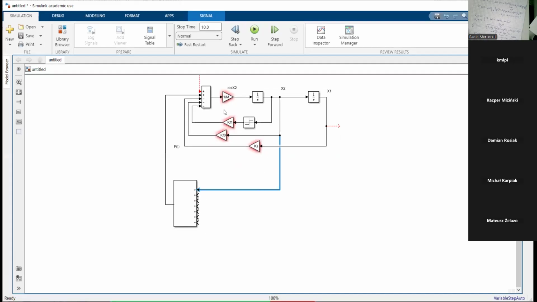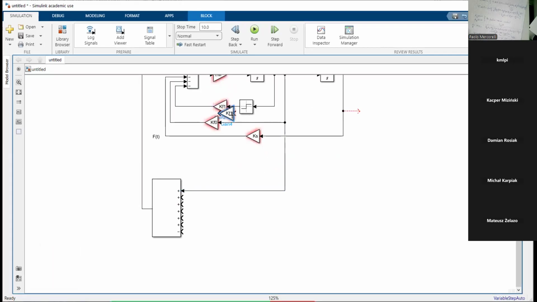Okay, but I am copying the kf0 from the math, no? Multiply sgn of x2. Ks x1.